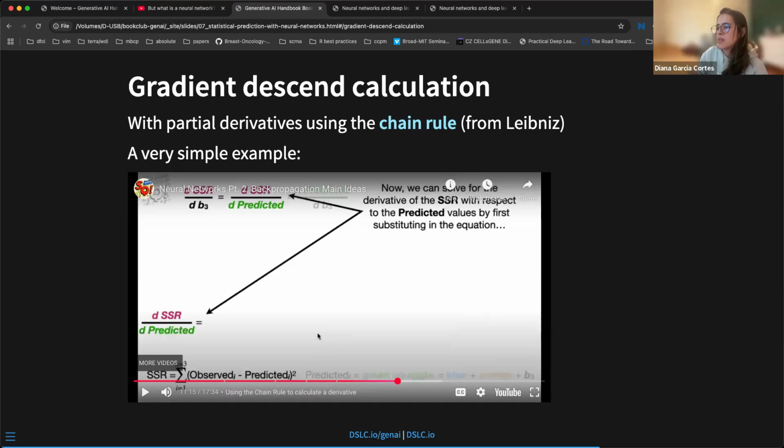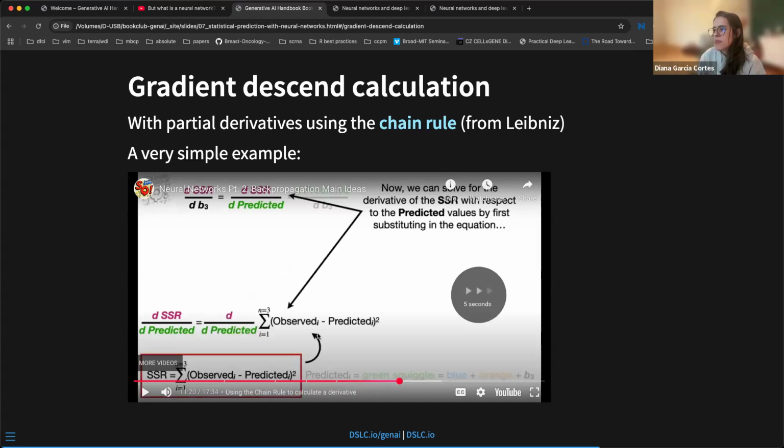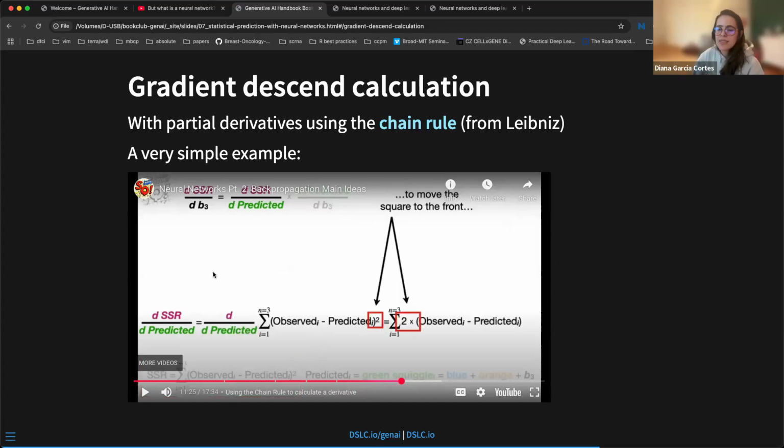I'm kind of going backwards, we're going to see the main algorithm right now, but I just wanted to mention that gradient descent is what we're going to use to minimize our cost function, and how we're going to actually use it is by getting those partial derivatives. I also recommend this example. It was super easy.